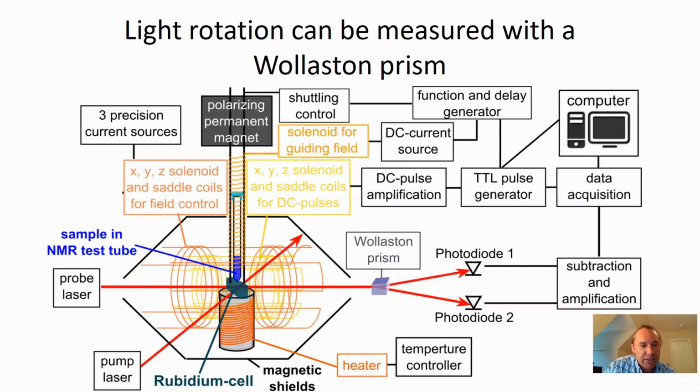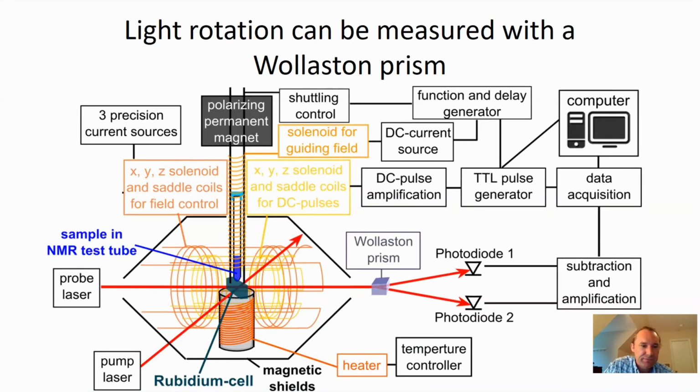The other important thing that I want you to focus on in this slide is the Wollaston prism and how that is used to measure the rotation of the probe beam. So you see the probe laser. The probe laser goes through the rubidium vapor cell, and what we're aiming to do is to measure its rotation.